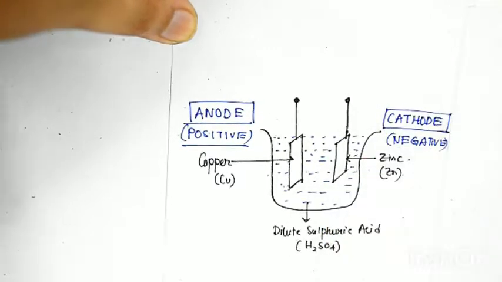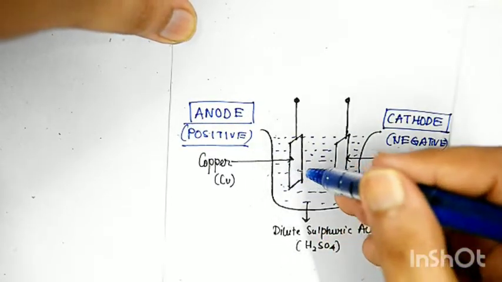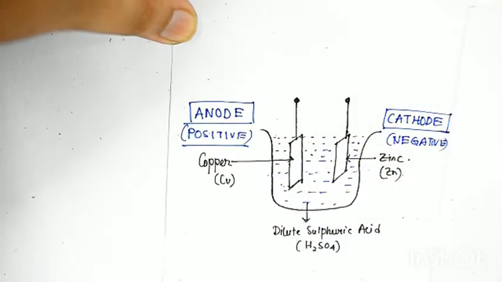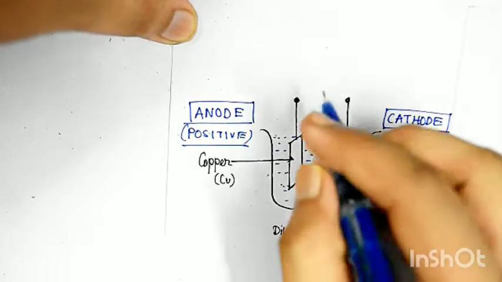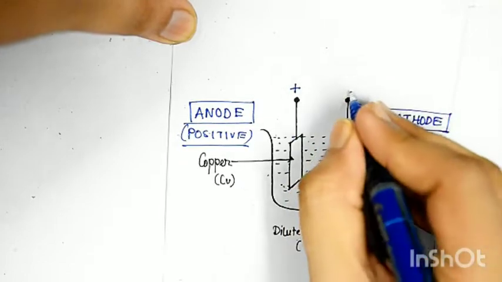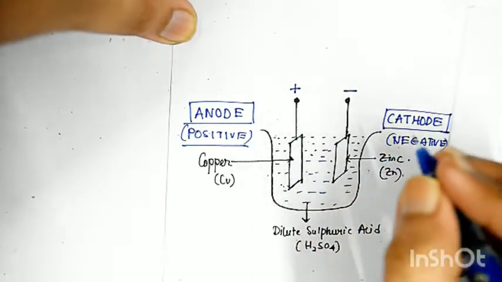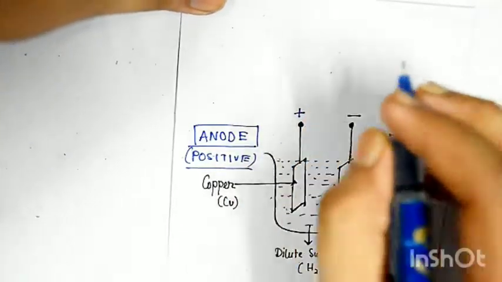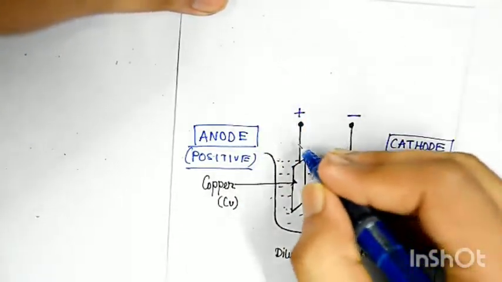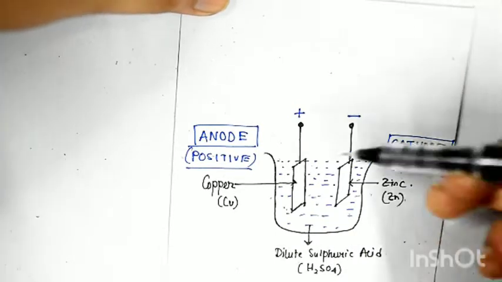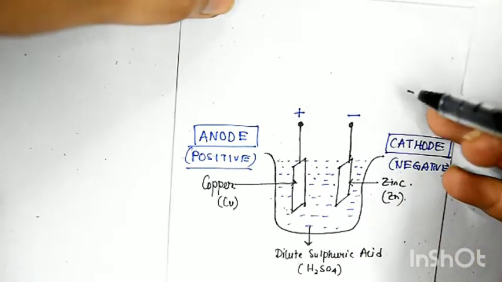Now due to this electrolysis process, in one portion we are getting positivity, and on the other side negativity. So this portion will have some positive charges and this portion will have some negative charges. Due to these charges, a kind of force is created by this potential difference.